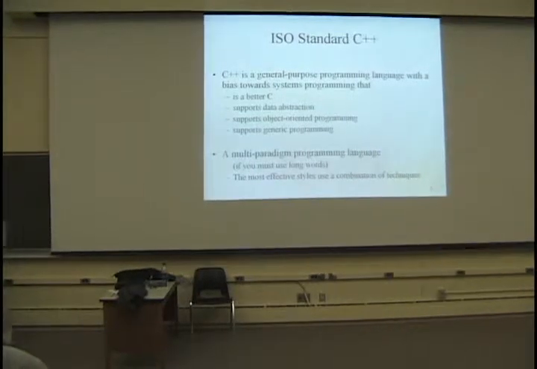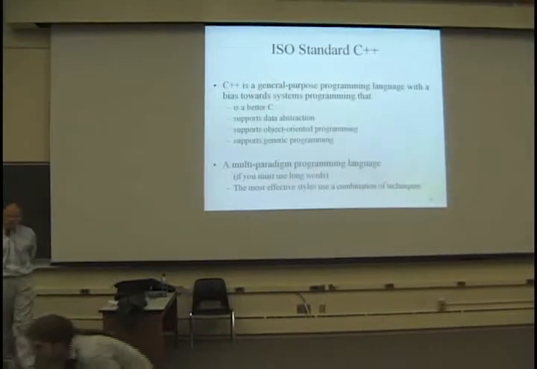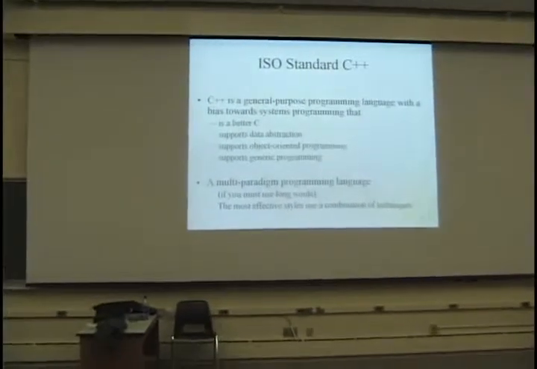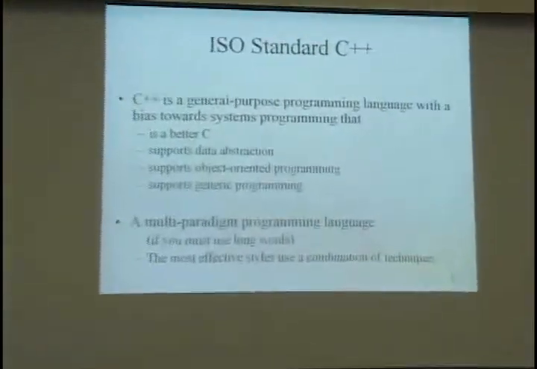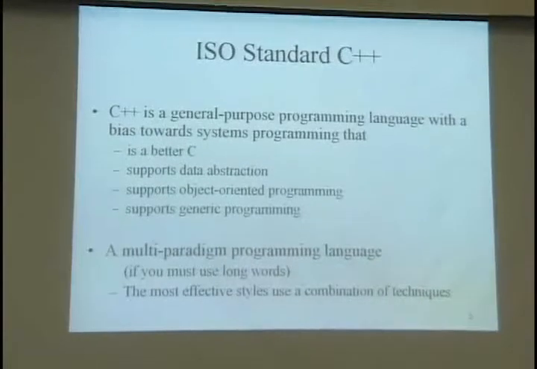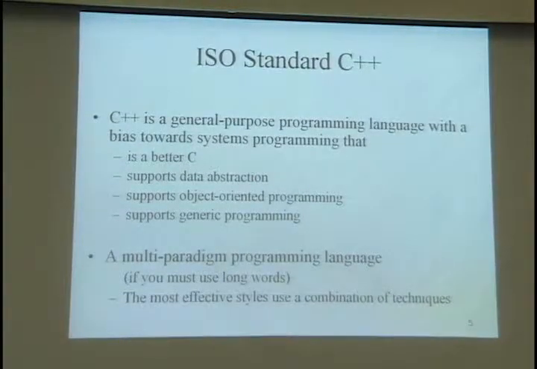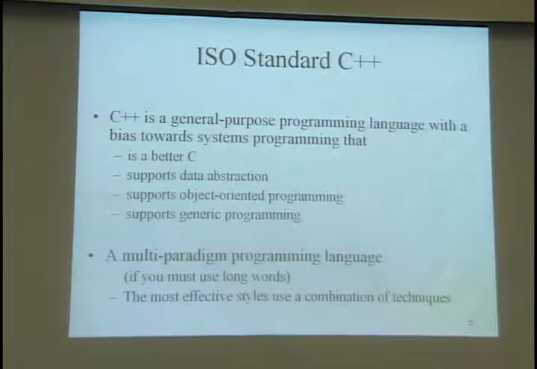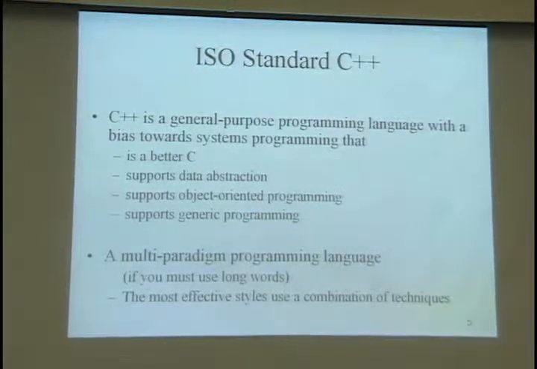And so what is C++? It's a general purpose programming language. It has a bias towards systems programming. That is, you can write cool embedded systems like Mars rovers and iPods in it. And I like to be able to write device drivers and things like that in it.